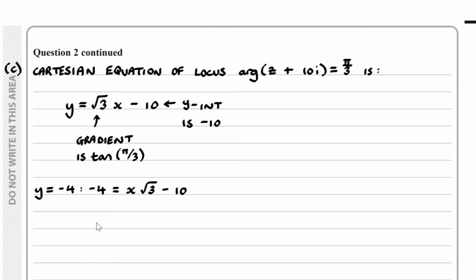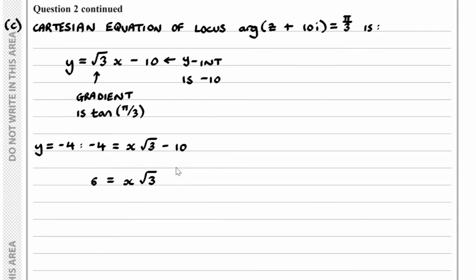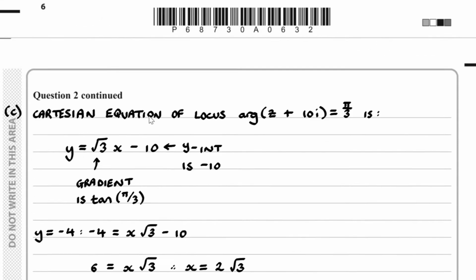Adding 10 to both sides, we end up with 6 equals x times the square root of 3. And so therefore, x will equal 2 times the square root of 3.